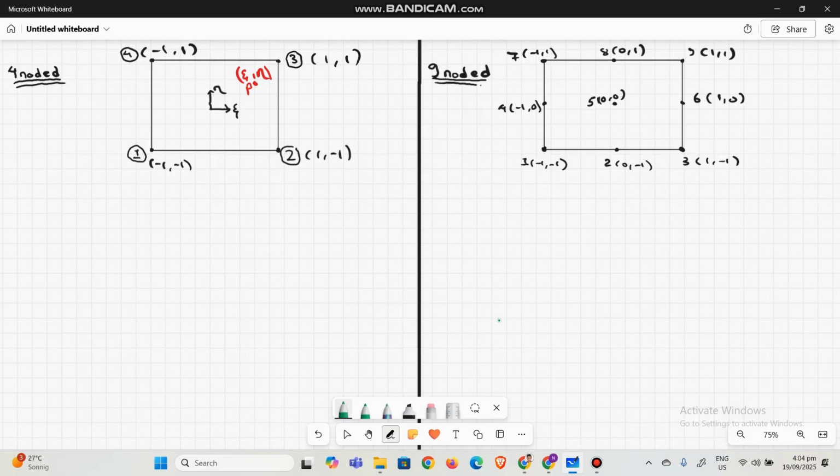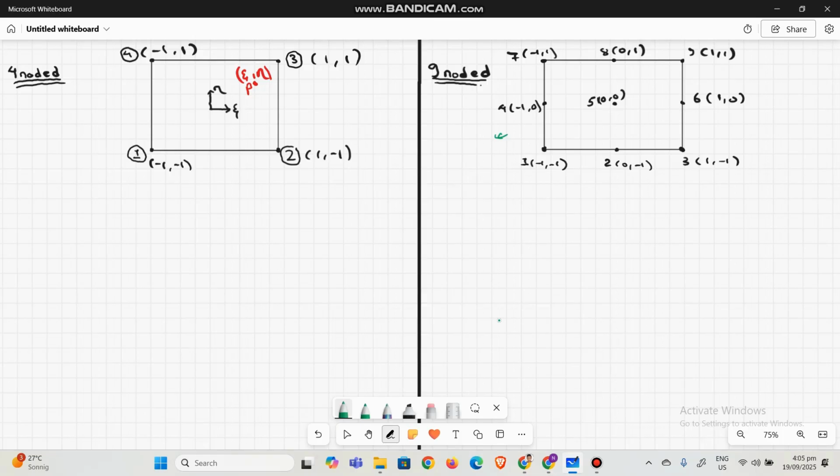So we are going to extend the bar element concept to this 4-noded and 9-noded Lagrange element. Basically, a Lagrange element is an element in which there are nodes inside the element as well, not only on the boundary. If the nodes were only on the boundary, then this 9-noded element would be a serendipity element.